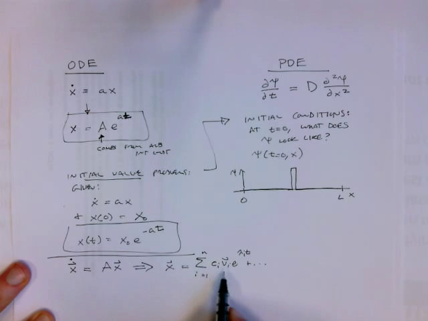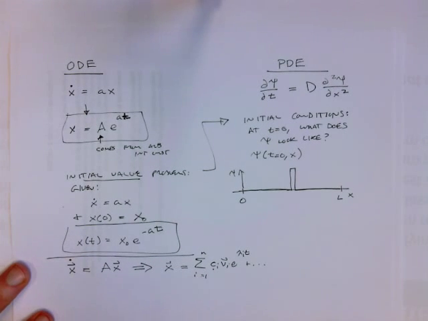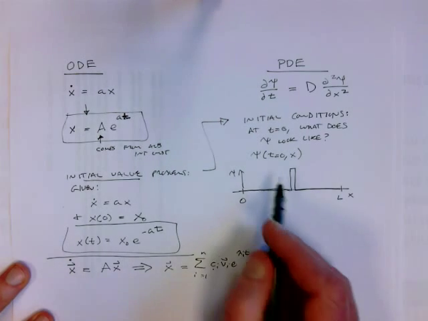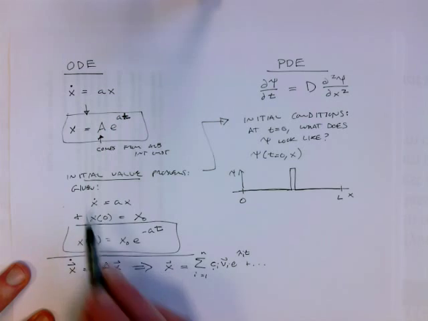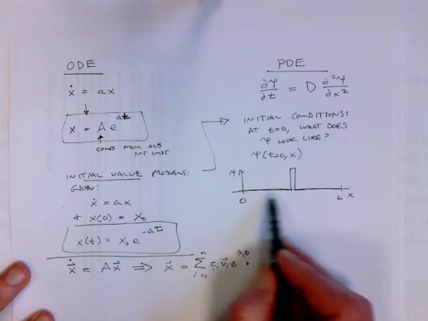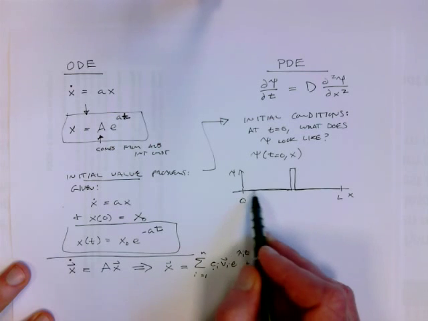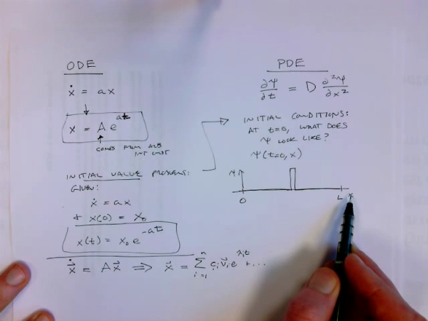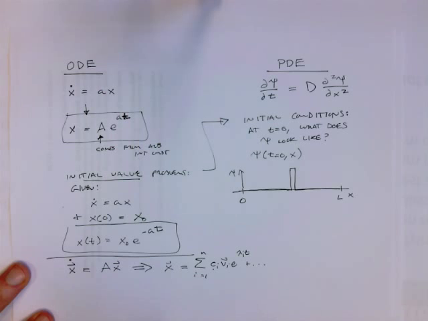So there are multiple initial values that you need to choose, one for each element in the vector x. Here you could think of psi as being an infinite dimensional vector, and we're choosing a value for each of the initial elements.